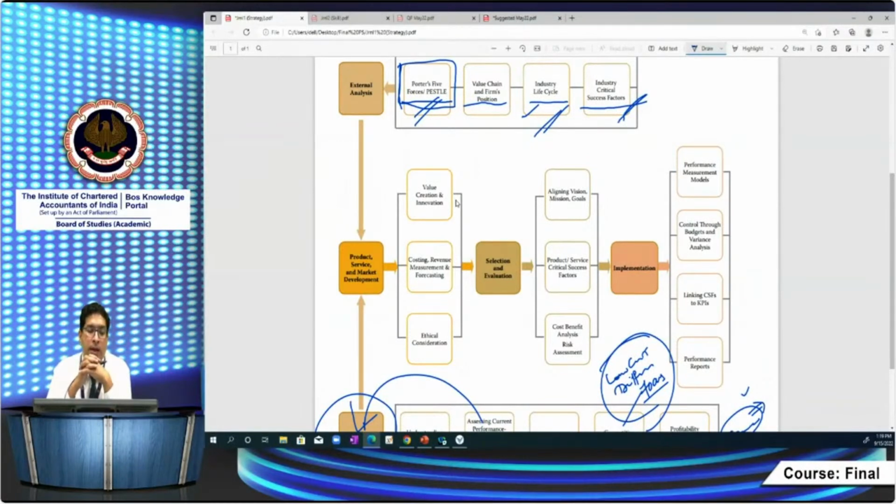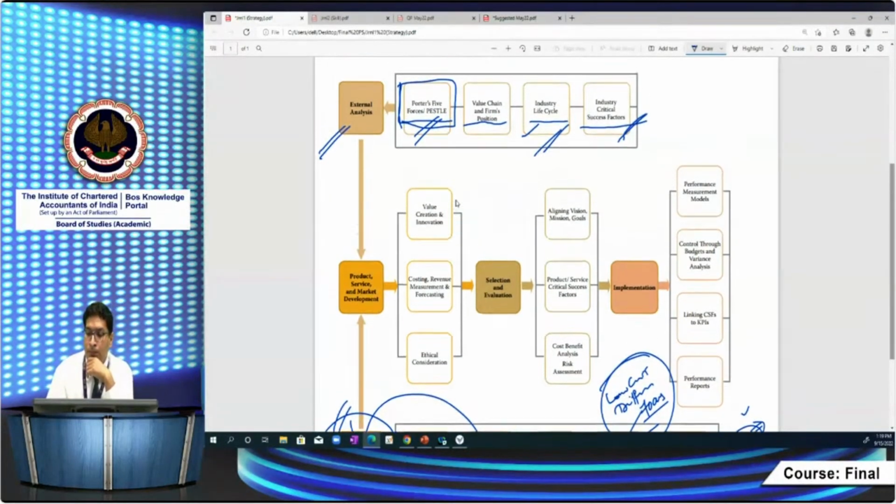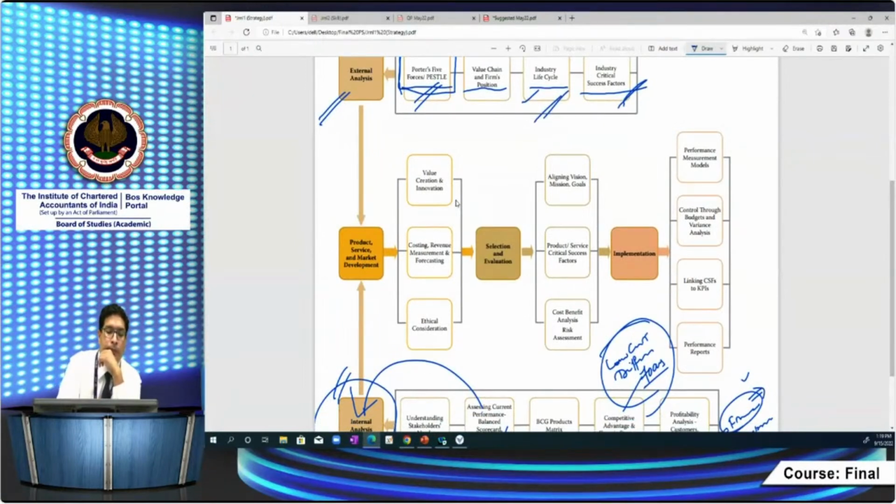Now the conclusion of external and internal environment analysis is strategic options. Strategic options cover product, service and market development or diversification.